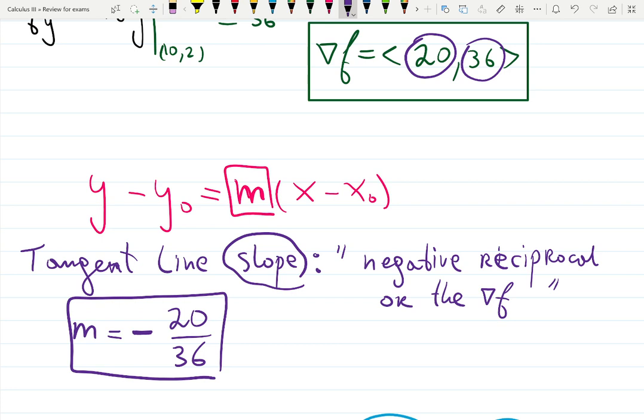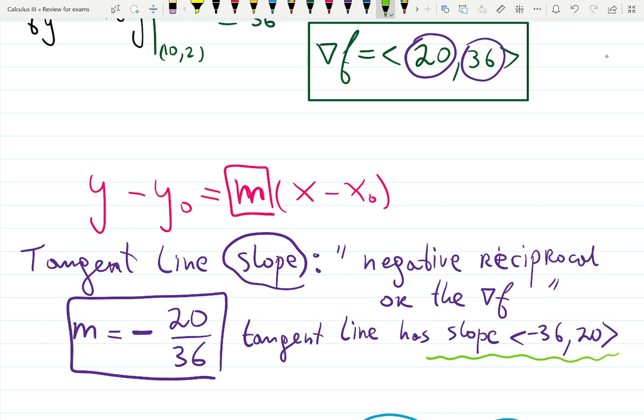Because the tangent line has slope minus 36 and 20, like so.